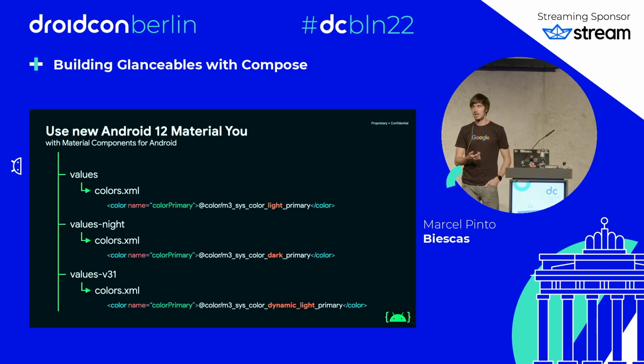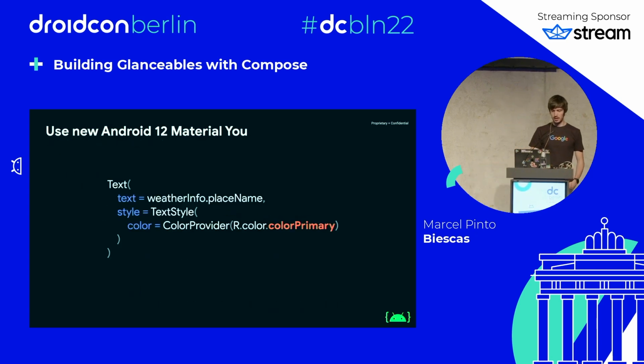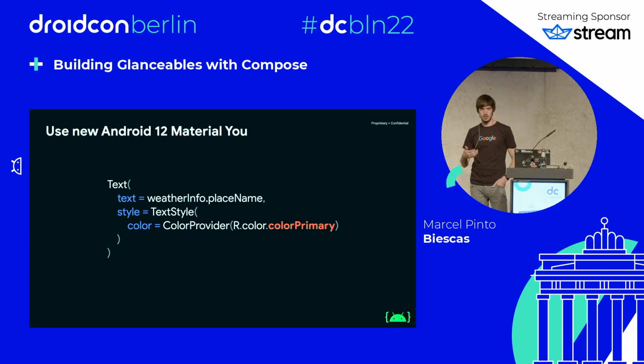Those IDs are retrieved from the Material Components for Android, and you can use it like that. So then in your composable function, you can use the resource ID that is shared, and the system will determine which color to use based on the light or dark mode or the wallpaper color.